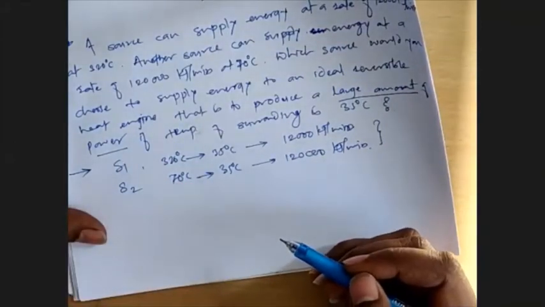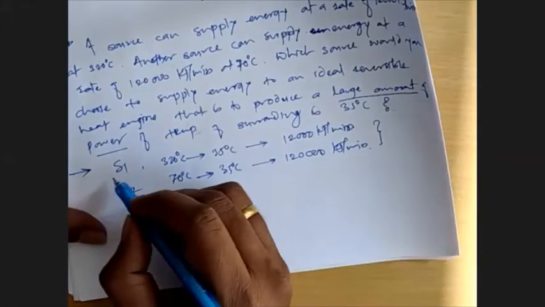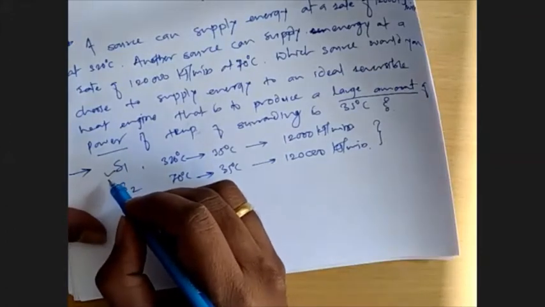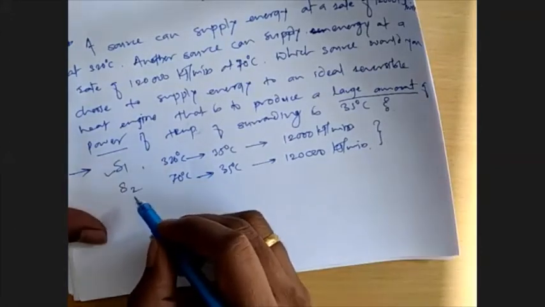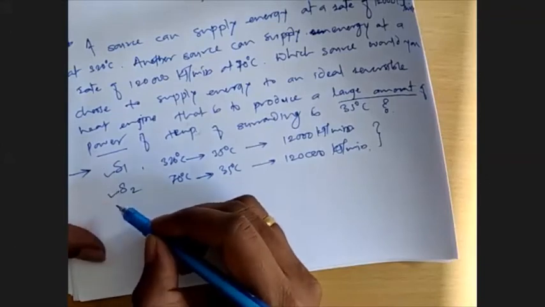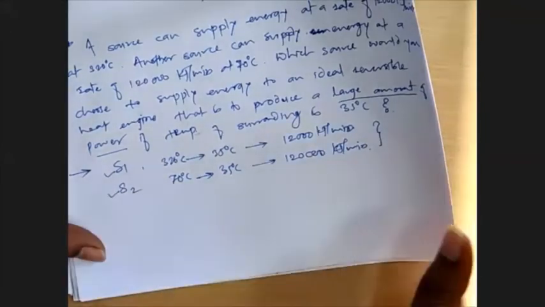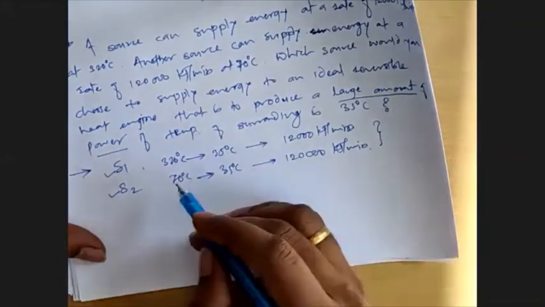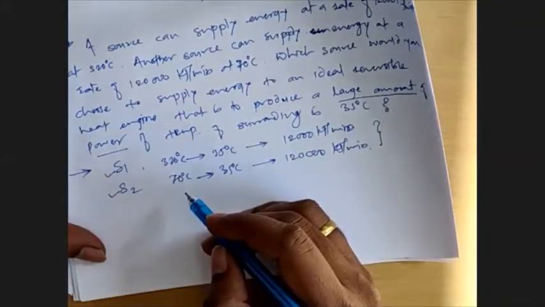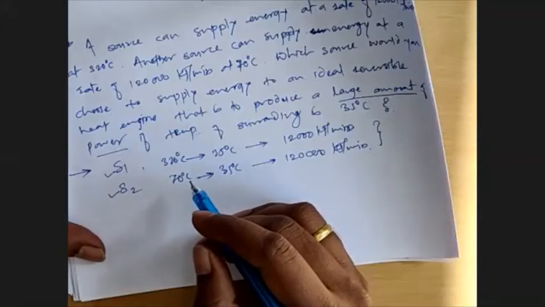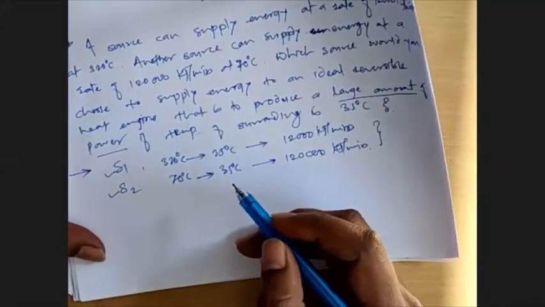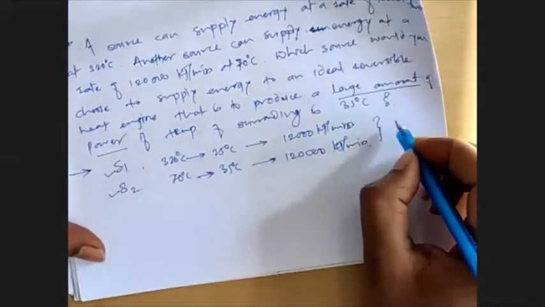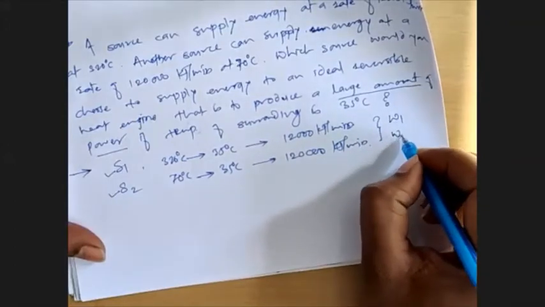Okay, so we need to find, when we use source S1, what power we can get, when we use source S2, what power we can get, and the case where we get maximum power will go with that particular source, right? So to do that one, we need to find W1 and W2.